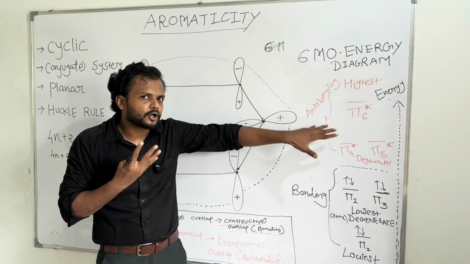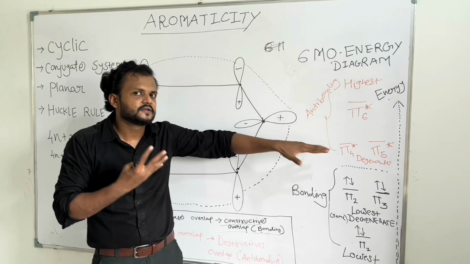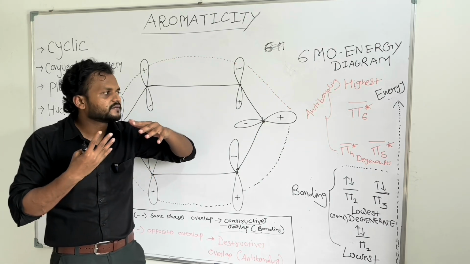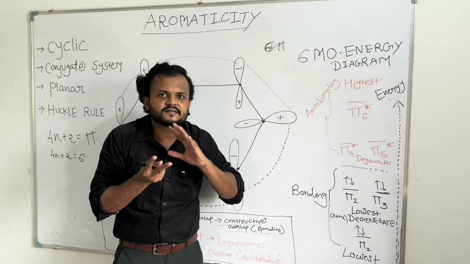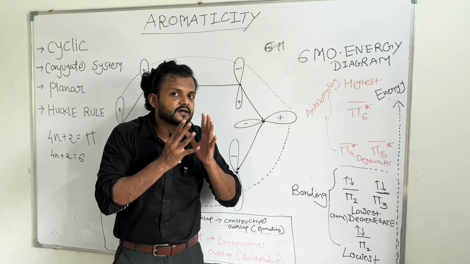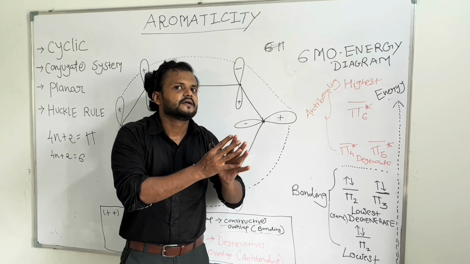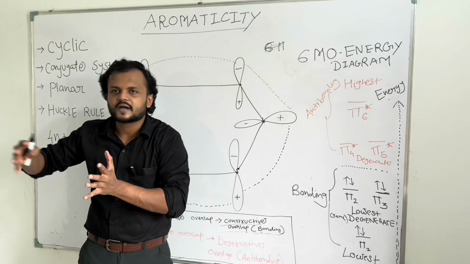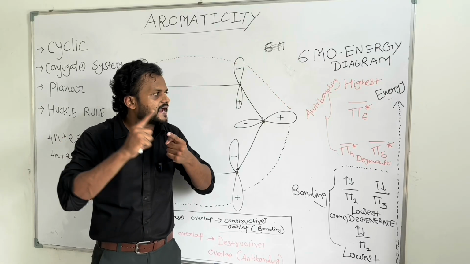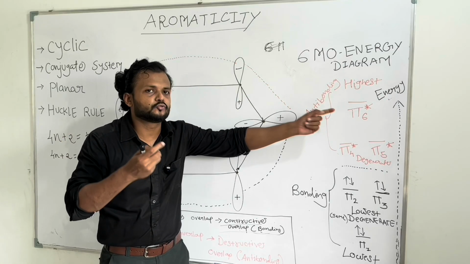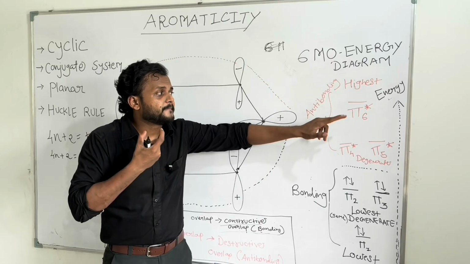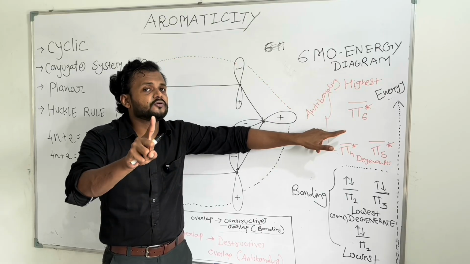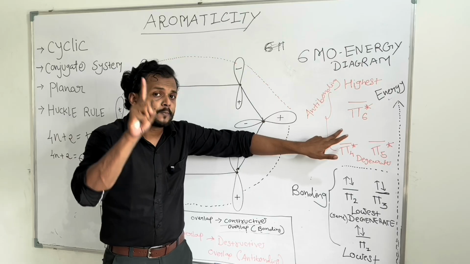If antibonding orbitals have electrons, that leads to the formation of instability, destabilization. And if the destabilization is there, the compound is unstable, and it does not belong to aromaticity. That's why if an antibonding orbital is going to have electrons, that compound is not going to be called an aromatic compound.